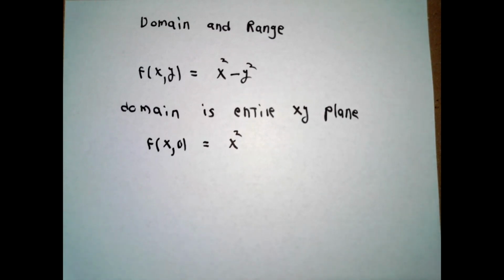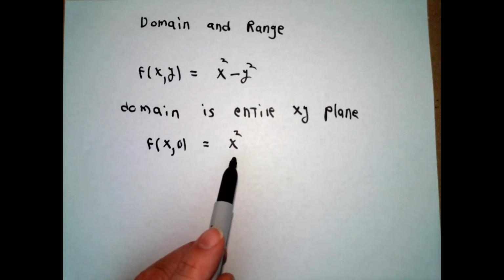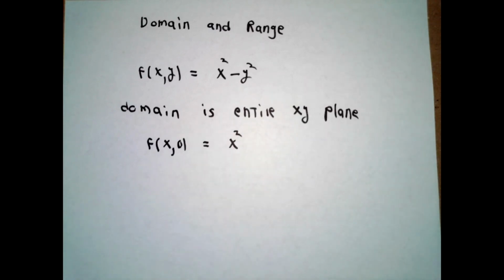For example, if I wanted to get function value equal to 1 million, I could just set x to 1,000. On the other hand, I could look at points that are on the y-axis. The function value would be the negative of y squared. I can manufacture any negative number I feel like from that. For example, if I wanted the function value to be negative 1 million, I would just make y equal to 1,000.